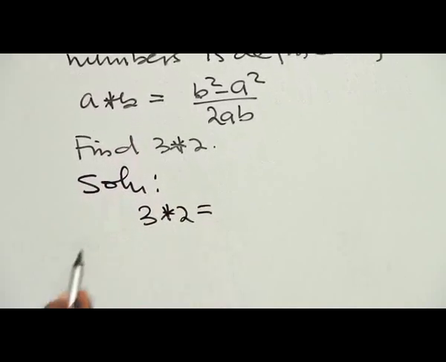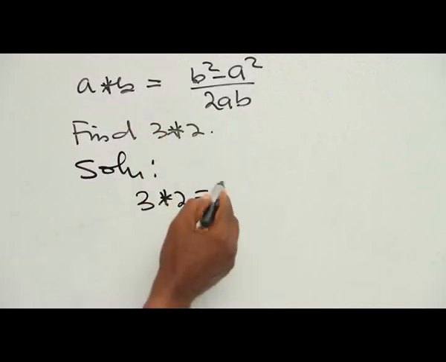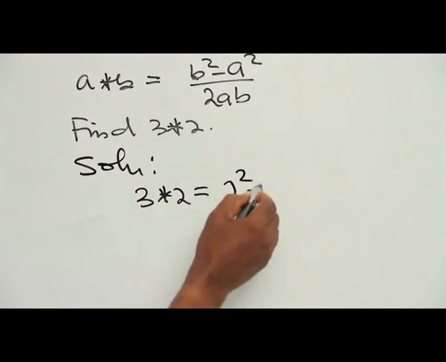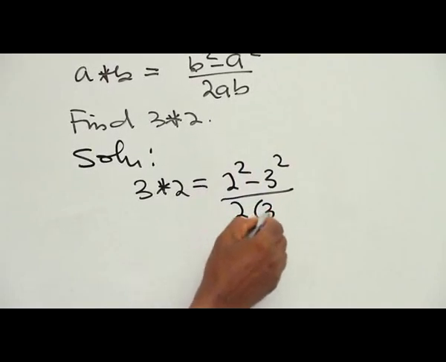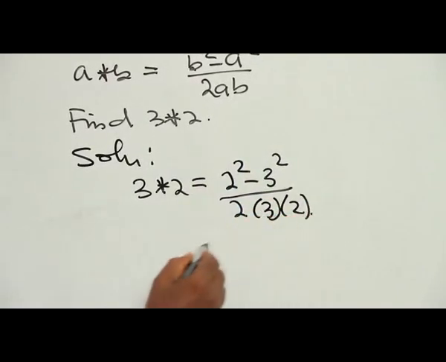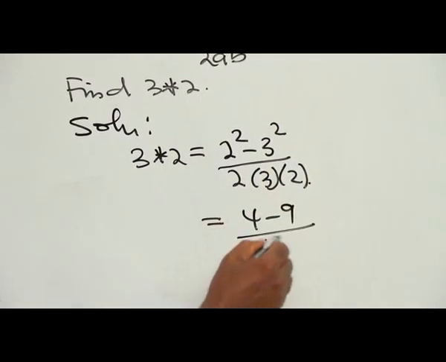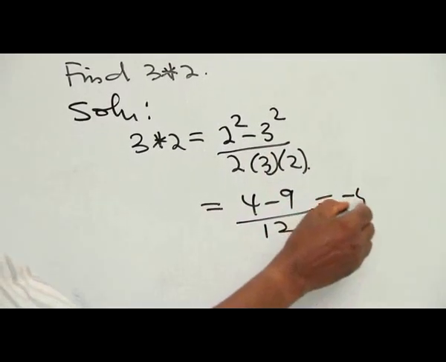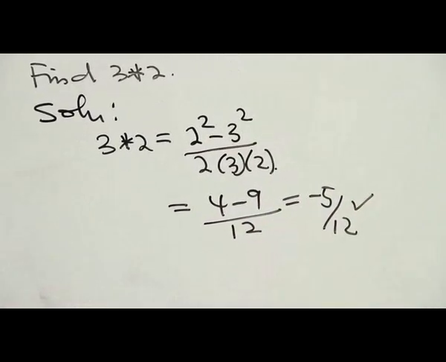In this case, your A is 3 and your B is 2. That becomes 2 squared minus 3 squared all over 2 times 3 times 2. The result is 4 minus 9 all over 12, and that is equal to minus 5 all over 12. And that is the result of the operation.